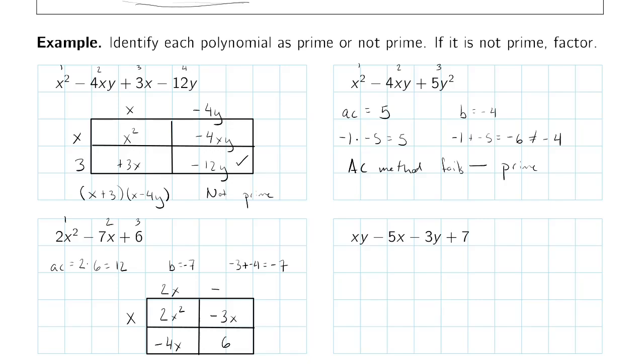Second column, I'll need a negative 3. Second row, I'll need a negative 2. Negative 2 times negative 3 really is positive 6. So my original polynomial factors as 2x minus 3 times x minus 2, and it is not prime.